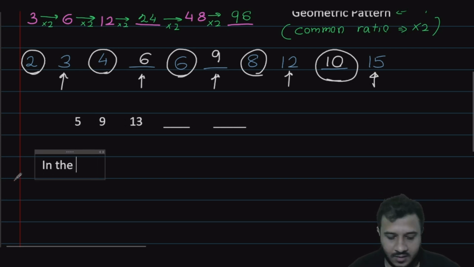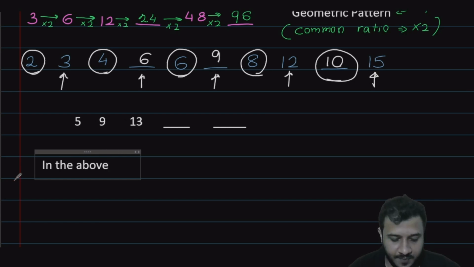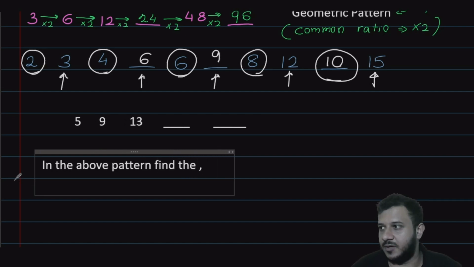In the above pattern, find the first question: T4 and T5.